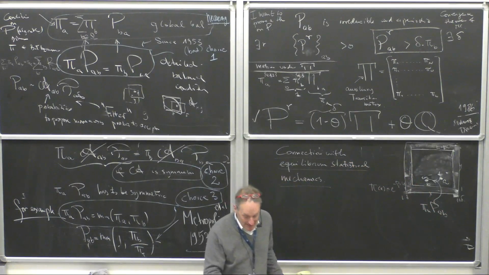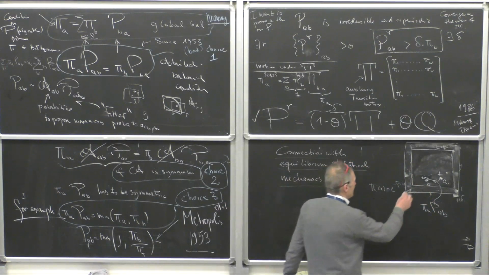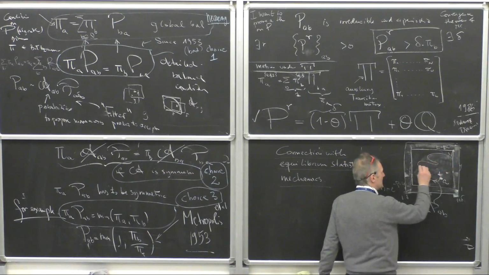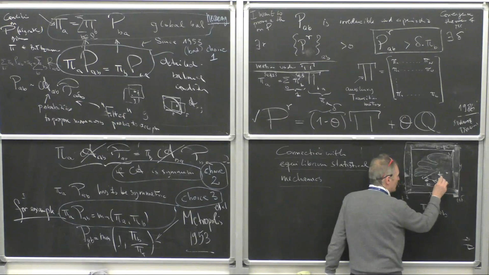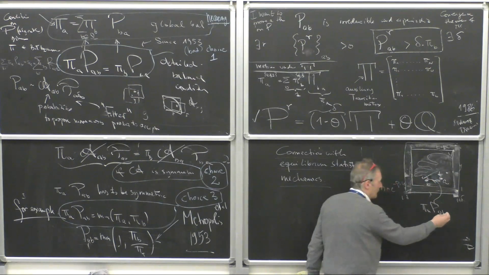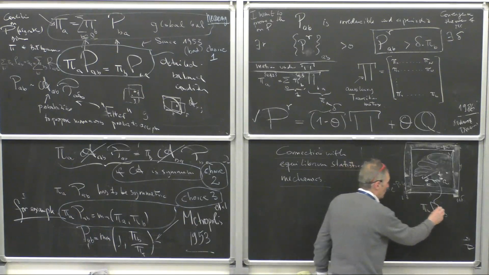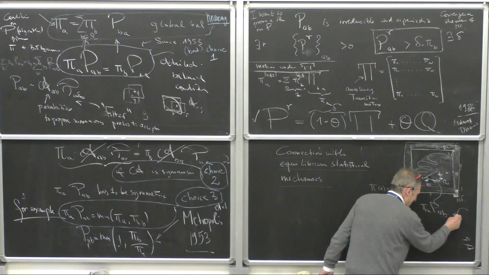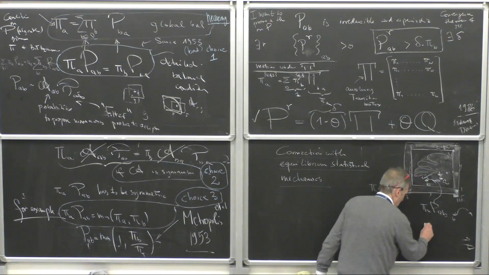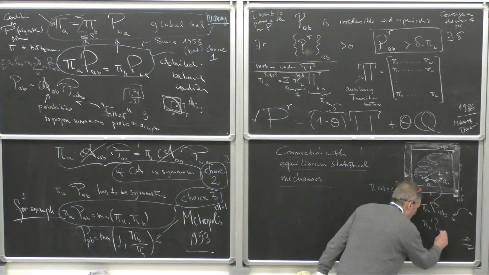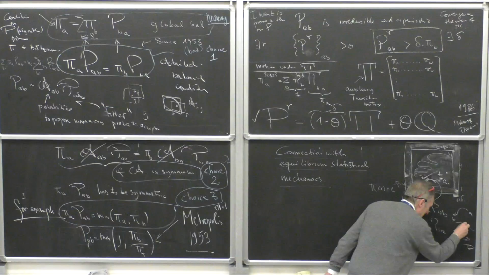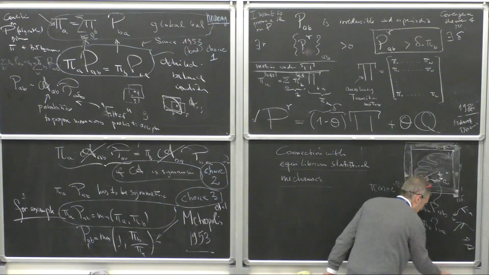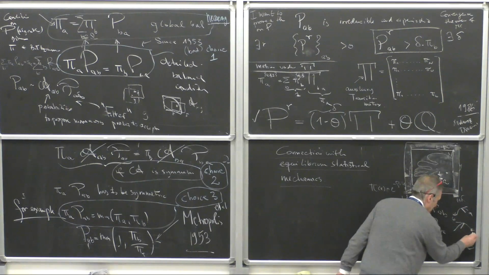What does the detailed balance condition tell us? That somebody else who runs it will see the inverse trajectory. Pi a p of ab is the probability with which you see this trajectory from a to b. Pi b p from b to a is the probability that you see the time-reversed trajectory from b to a.